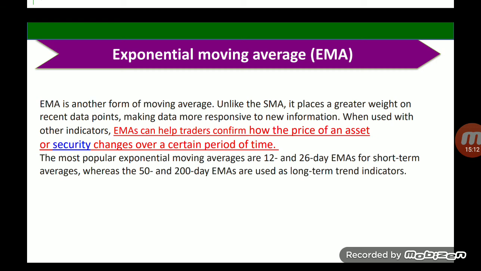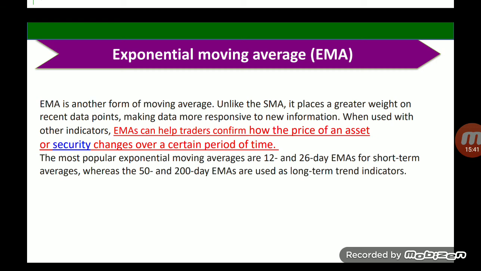It gives the greater weight to recent data points, making data more responsive to new information. When used with other indicators, exponential moving average can help traders confirm how the price of an asset or security changes over a certain period of time. So what is the use of exponential moving averages?